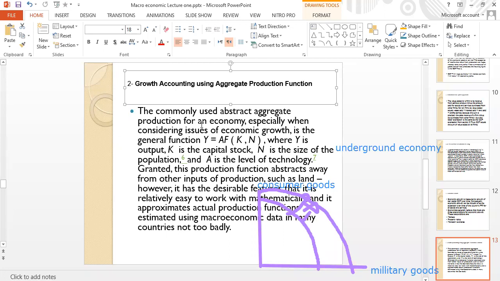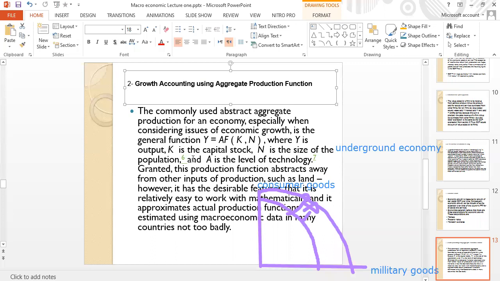The general function is Y, where Y is output, and it is a function with two elements in it: K is the capital stock and N is the size of the population. We will have GDP increasing when we have an increase in capital stock or an increase in population; we have an increase in output and we have increasing GDP.